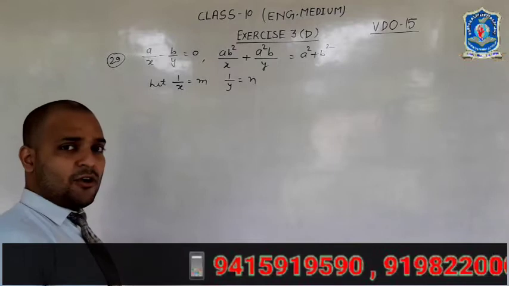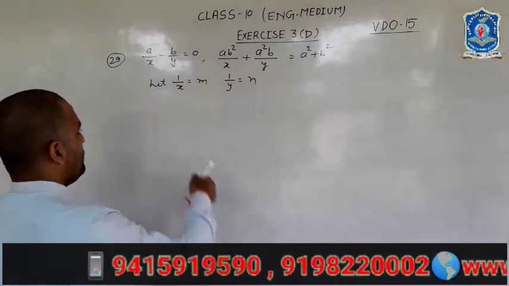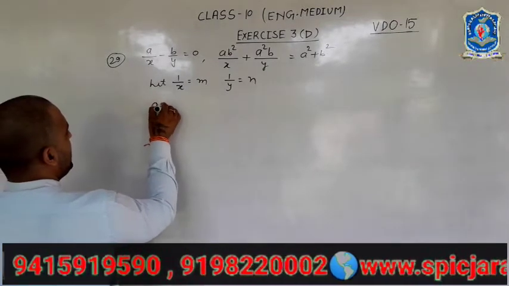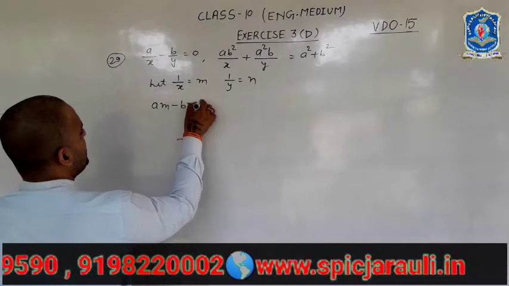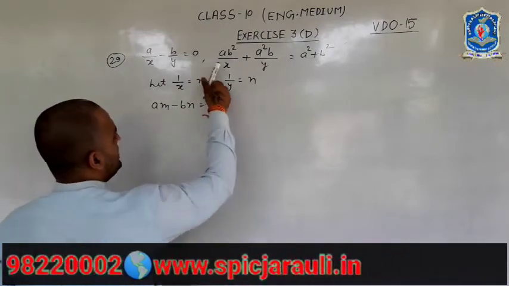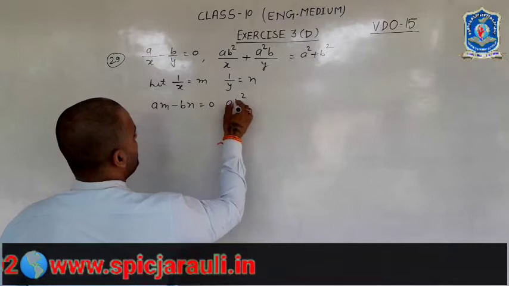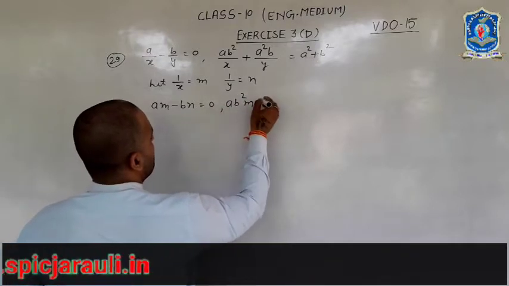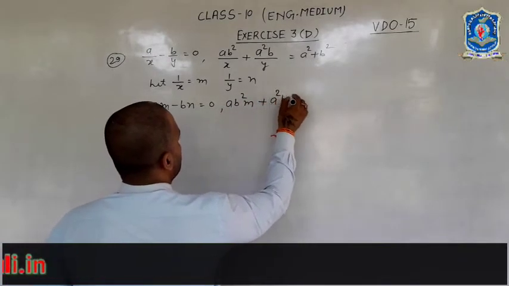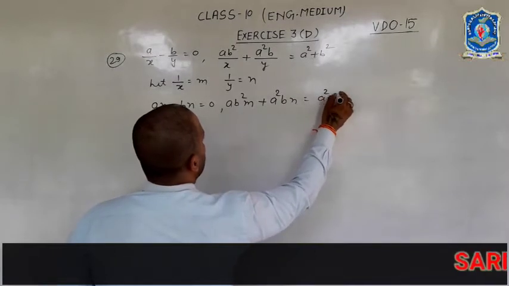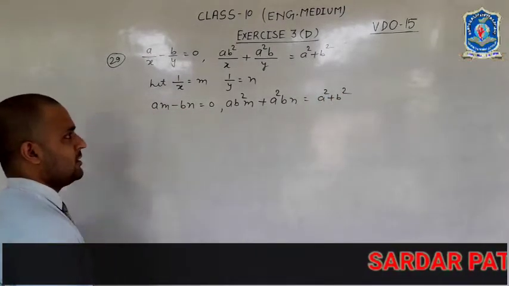Now we solve for m and n. So that will be am minus bn is equal to 0, and ab square m plus a square bn is equal to a square plus b square.